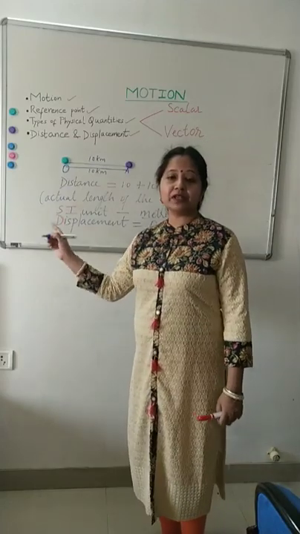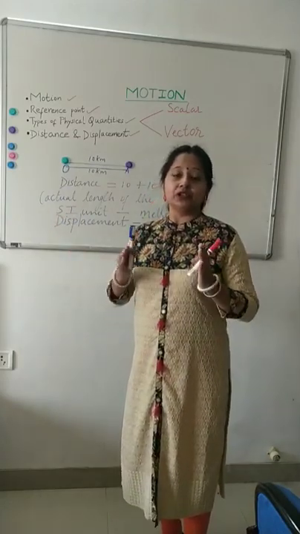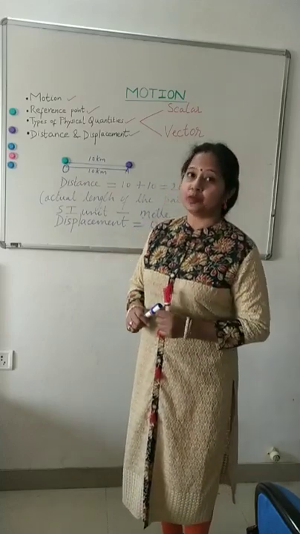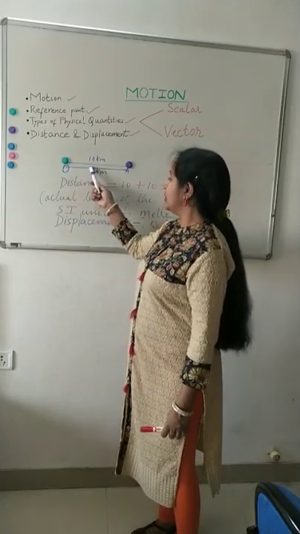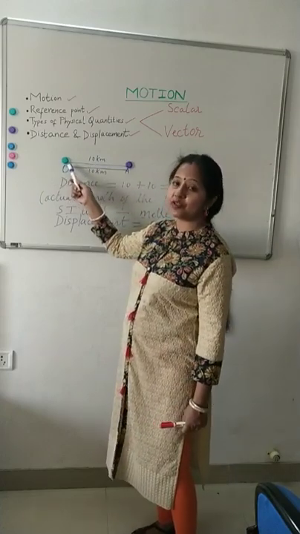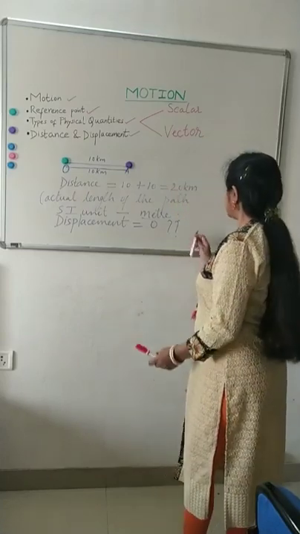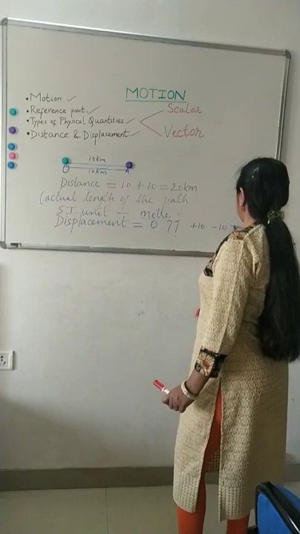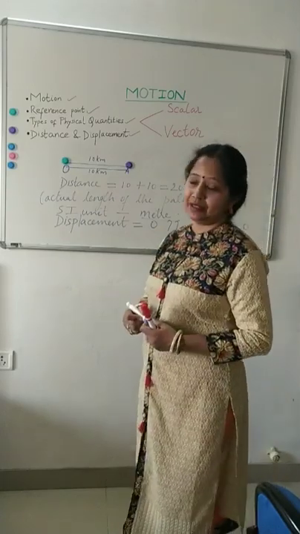Because displacement is such a physical quantity which is the shortest possible length between final and initial positions. So here the initial position is O and he travels till A, then again comes back to O. So the final position is also O. That is why plus 10 and minus 10 will give you 0 displacement.